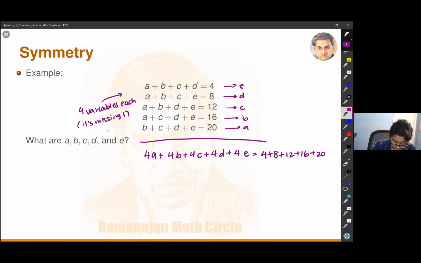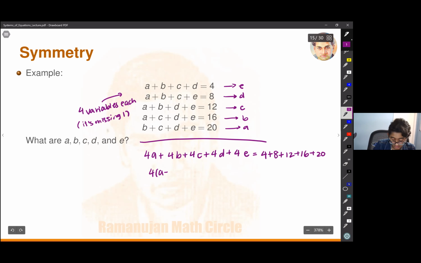Okay. So now you're going to factor out the 4, and you're going to add up the right-hand side. So 4 plus 8 is equal to 12. 12 plus 12 is equal to 24. And 24 plus 16 is equal to 40, I believe. And 40 plus 20 is equal to 60.